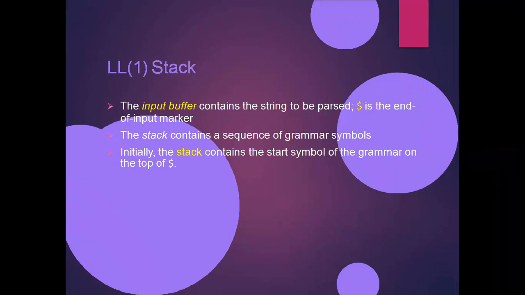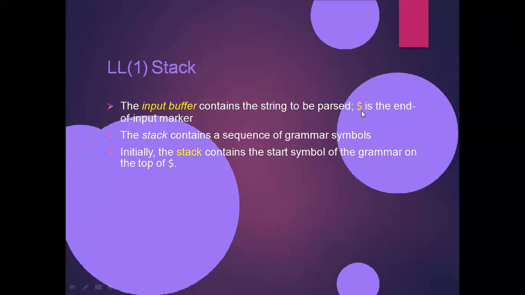The input buffer contains the string to be parsed. The dollar represents the end of the input marker, which means the input string that we need to parse is completed.